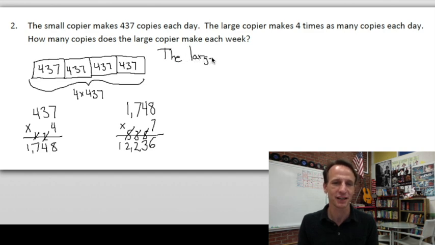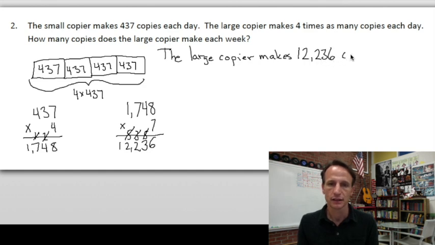The large copier makes 12,236 copies each week.